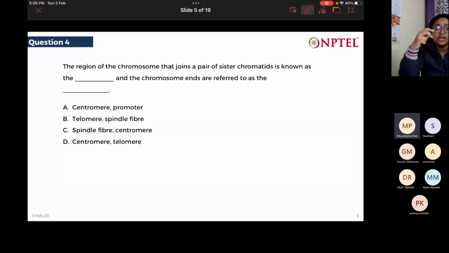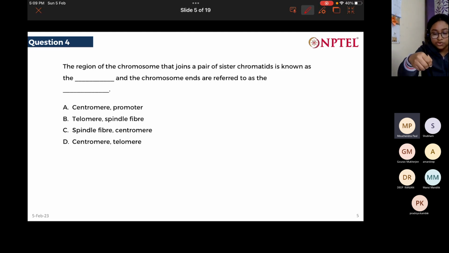So in the condensed form, when the chromosome is present at the metaphase stage, you can identify there are regions, right? Centromere regions to which the spindle fibers connect, and there are telomeres, the two extreme ends of the chromosomes. So using that knowledge, you can fill in the blanks here, correct?